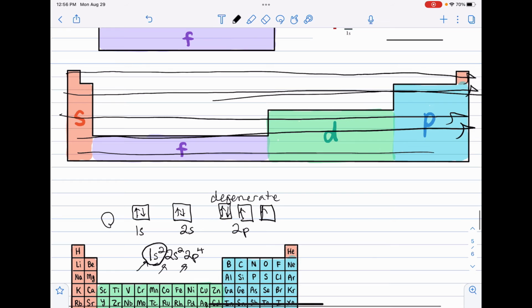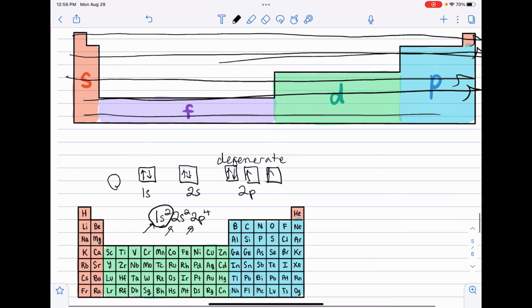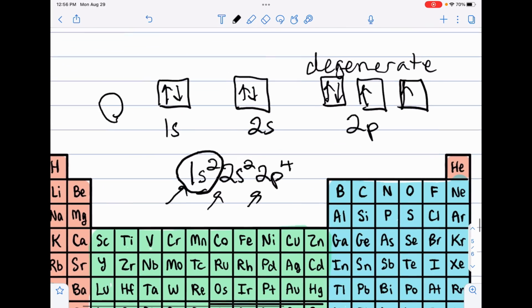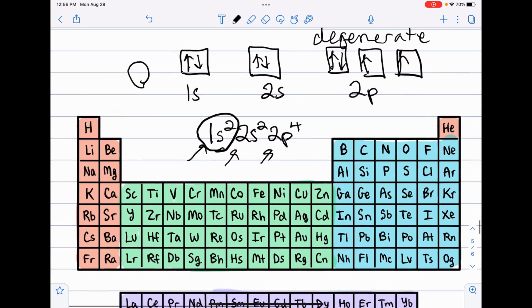So S is 0, P is 1, D is 2, and F is 3, but again, you're not going to use those when you do electron configuration. Like, nobody's going to make you say 0 instead of S.